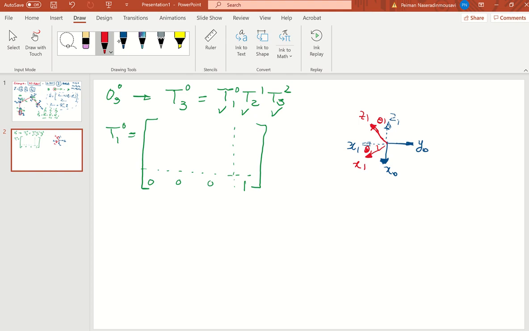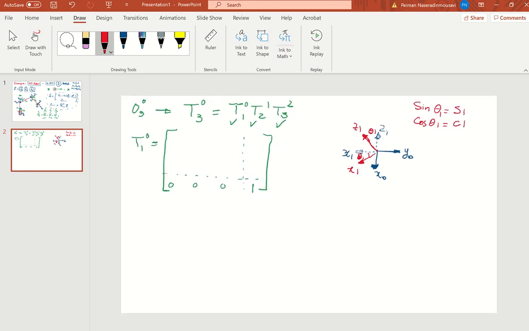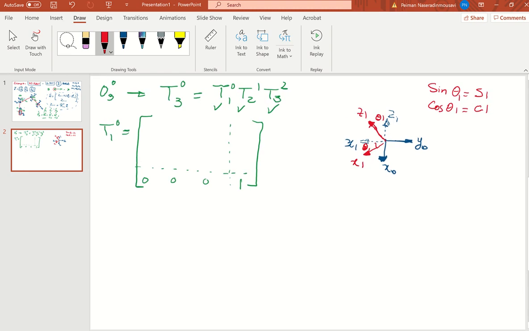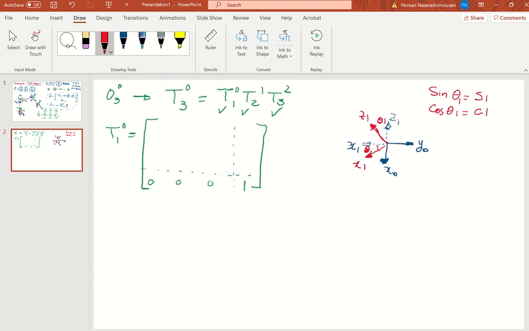you're going to say projection of x1 over x naught is going to be how much? Sine theta. I'm showing sine theta 1 as s1, and cosine theta 1 for simplicity as c1, and the same for 2, 3. So x1 over x naught is sine 1.